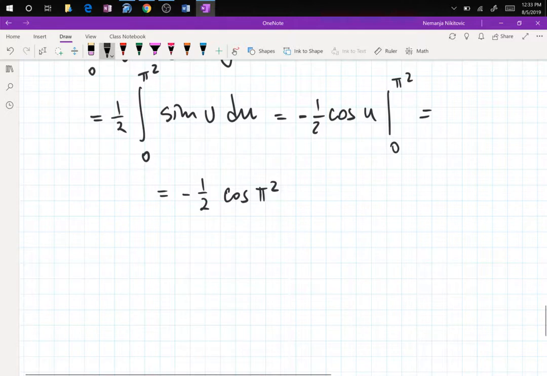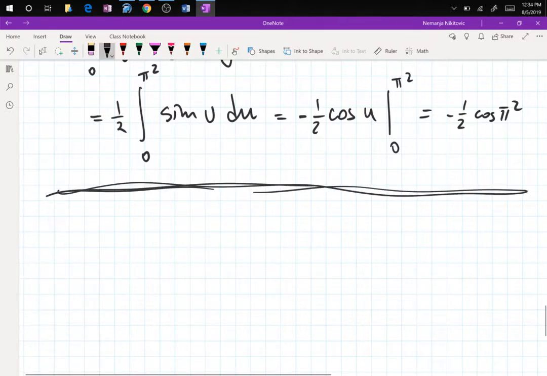And that's a number. You can punch this in the calculator if you care and get the value. Maybe right here, negative 1/2 cosine pi squared, and get rid of this. Save the digital paper.